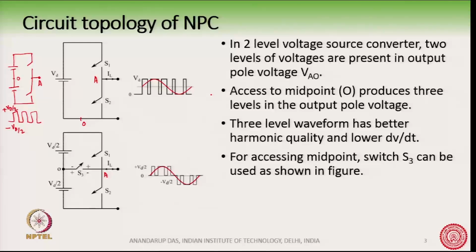In case of a 3-level inverter, however, this 0 point is actually present in the converter. It is physically accessible and used. So, this is a physical point inside the converter to which we have connected the switch S3.